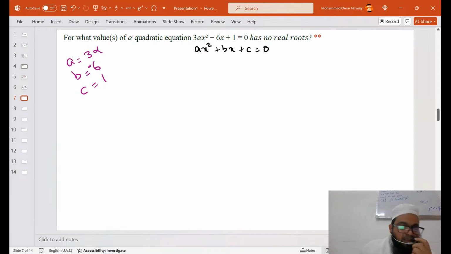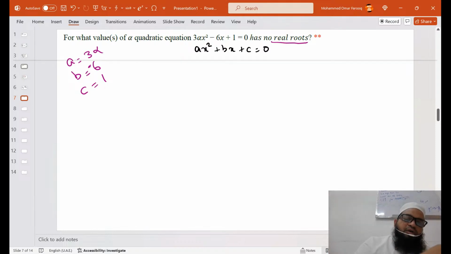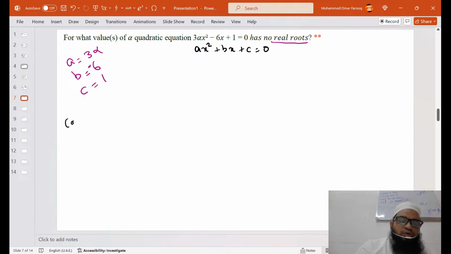He has given that the quadratic equation has no real roots. So what is the condition for no real roots?